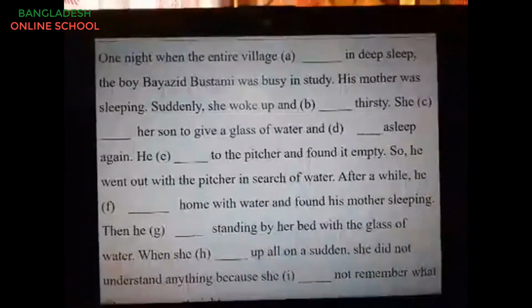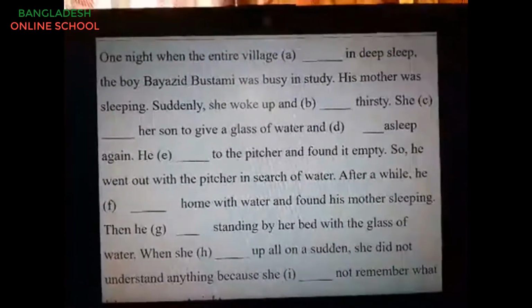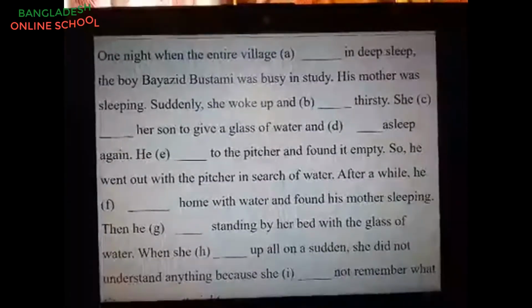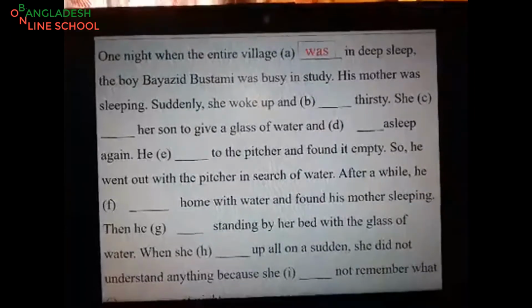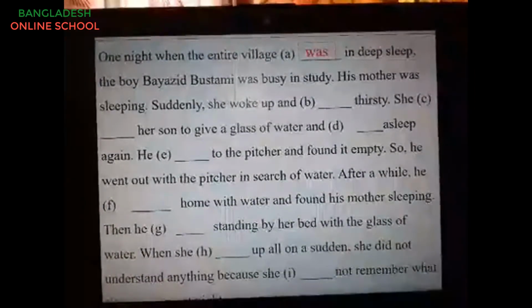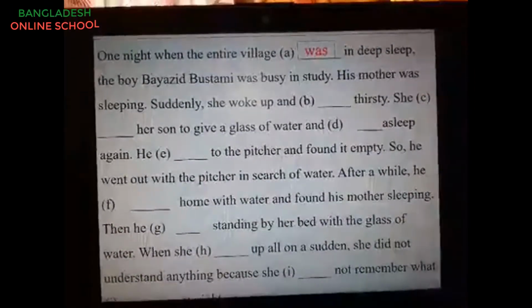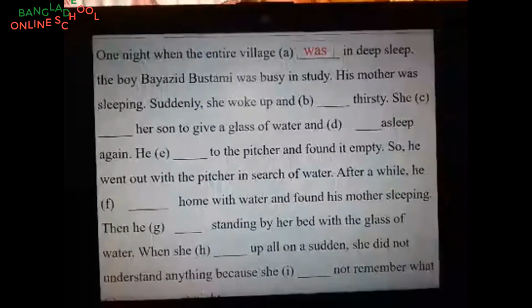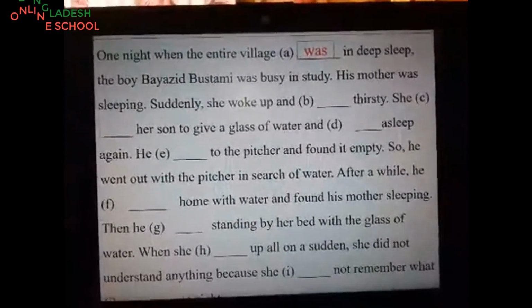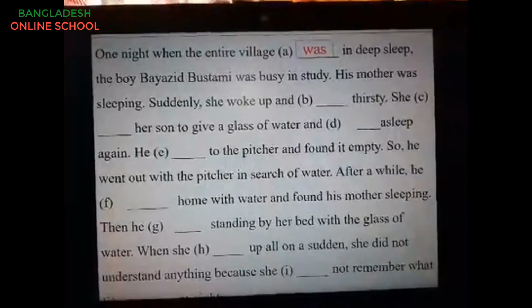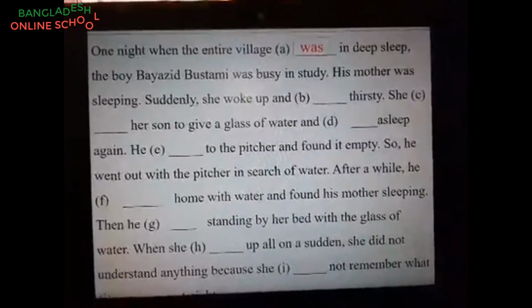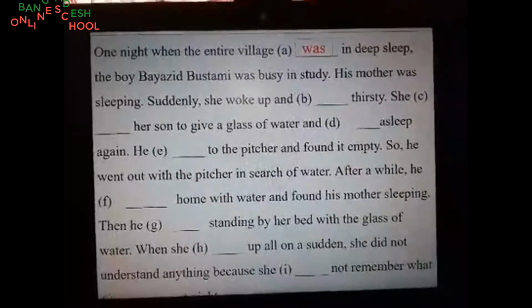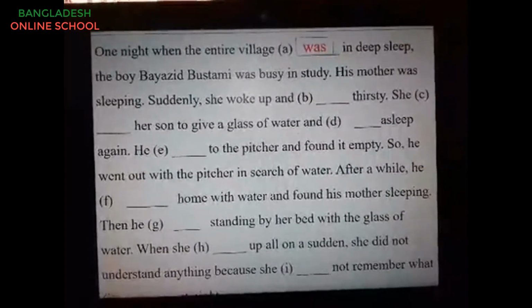Okay, one night when the entire village was in deep sleep, the boy Bayazid Bostami was busy in study. His mother was sleeping. Suddenly she woke up and felt thirsty. Okay, think what will be the answer?